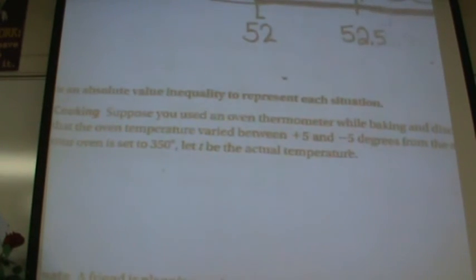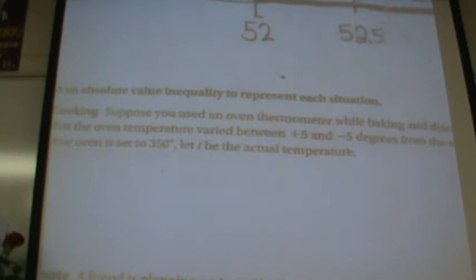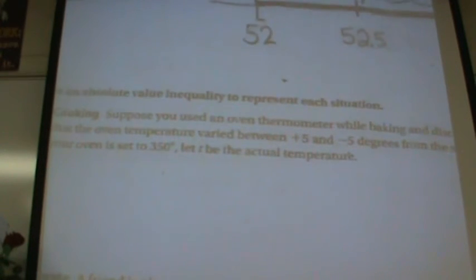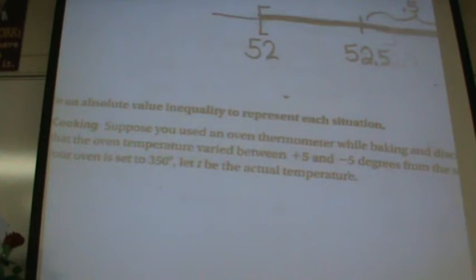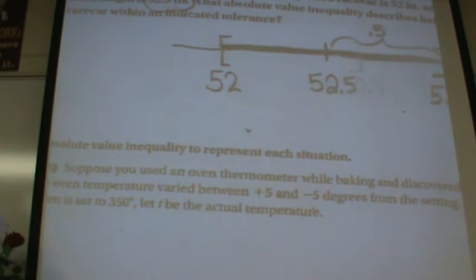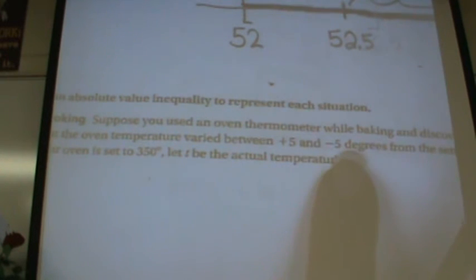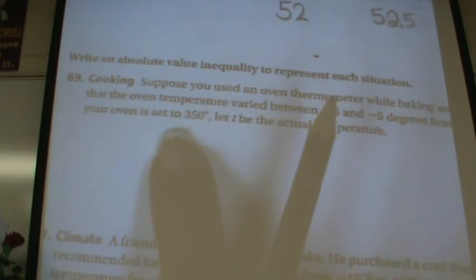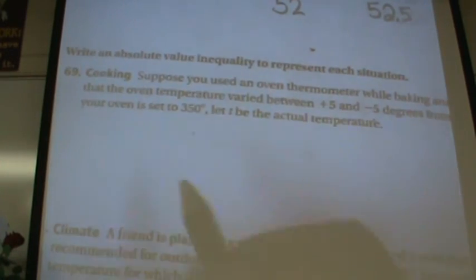I want to try the next one? Okay, good, then you guys will do these together, these will be less homework problems you'll have to do. So 69, suppose you use an oven thermometer while baking and discover that the oven temperature varies 5 degrees one way or another. We want our oven to be set at 350.